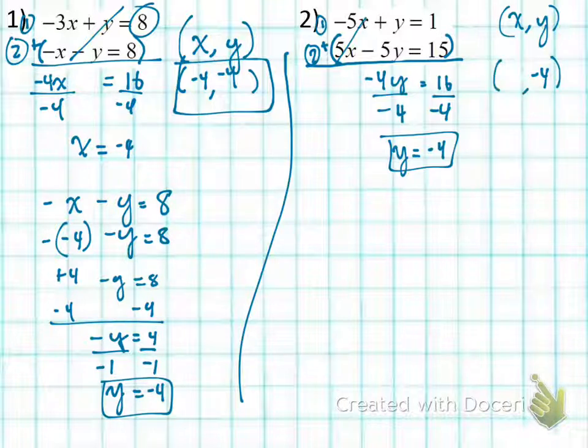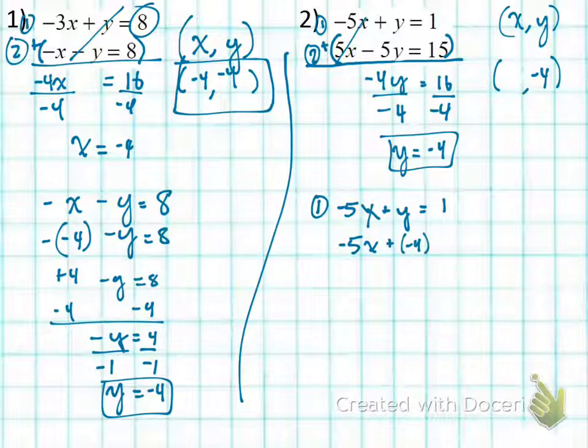So how do I get the x? You just plug it back into whichever equation. I always pick the easier one. Looks like equation 1 is easier. So we got negative 5x plus y is equal to 1. Instead of y, I'm going to put negative 4. So we got negative 5x plus a negative 4 is equal to 1.